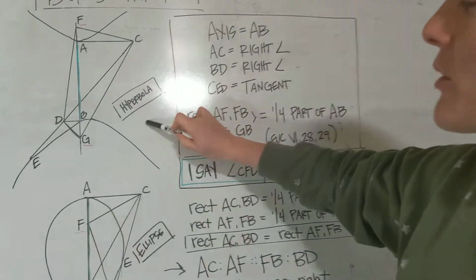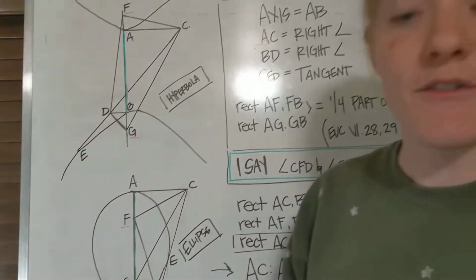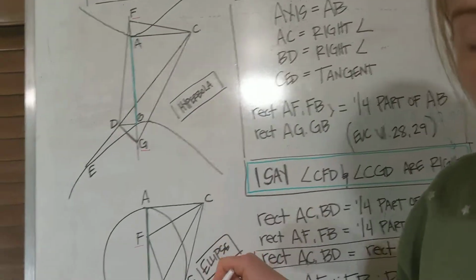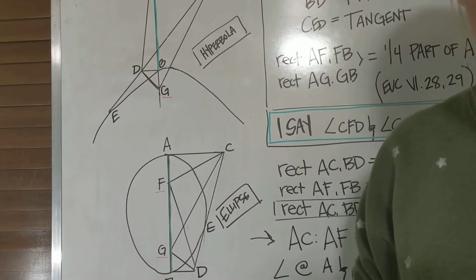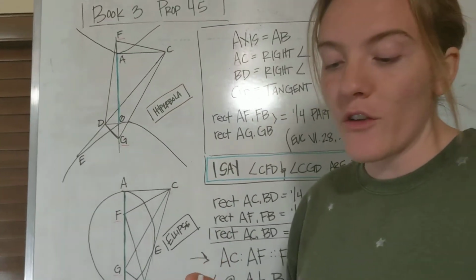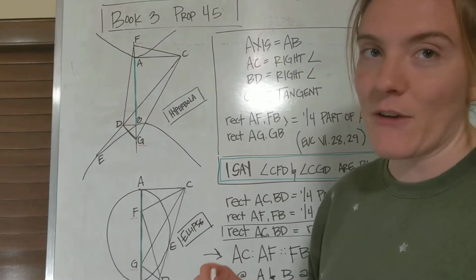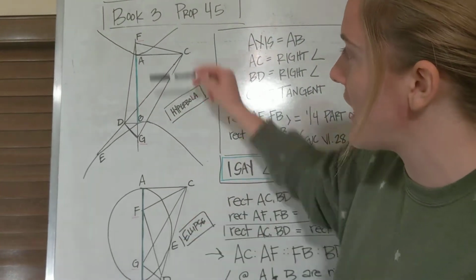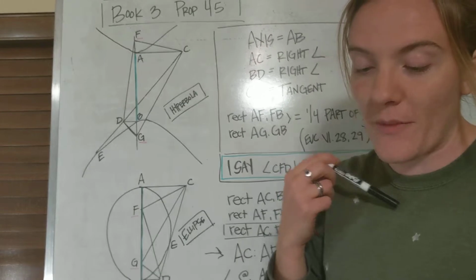We're dealing with a hyperbola, an ellipse, also a circumference of a circle. So he says, if in a hyperbola or ellipse or circumference of a circle or opposite sections, straight lines are drawn from the vertex of the axis at right angles. The axis is this green line here, and you can see some of the straight lines that have been drawn from that.